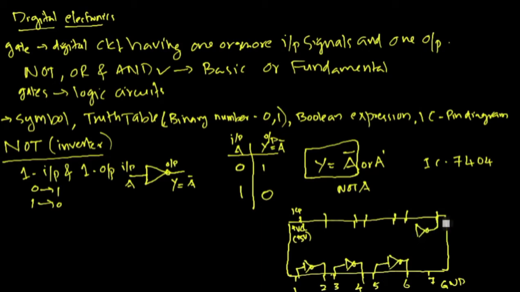The next gate is between pins 8 and 9: 8 is the output, 9 is the input. Then 10 and 11: 10 is the output and 11 is the input. The next gate has 12 as the input and 13 as the output. So this is the IC 7404.